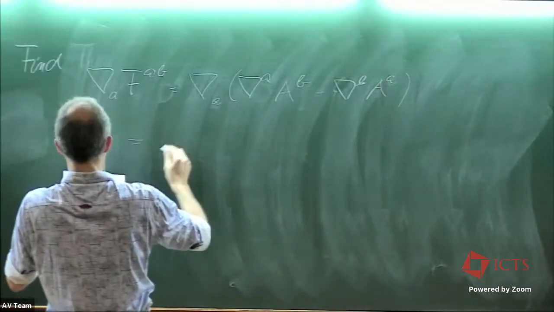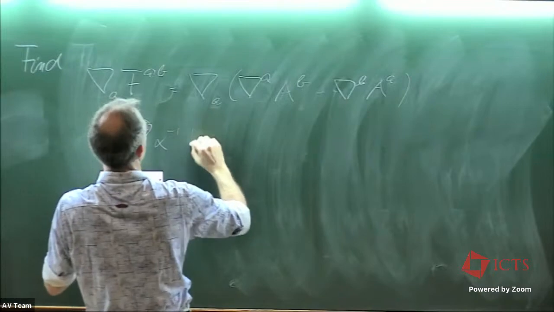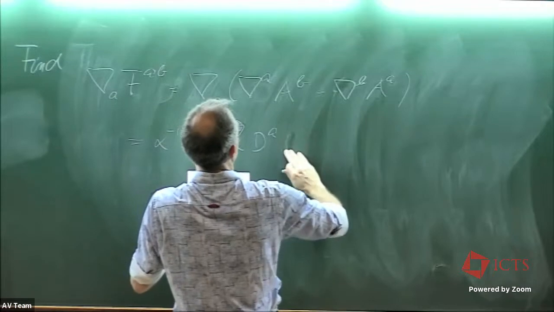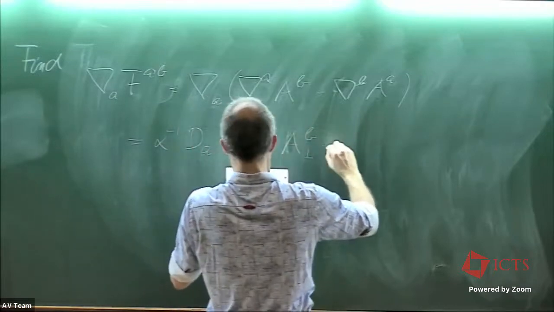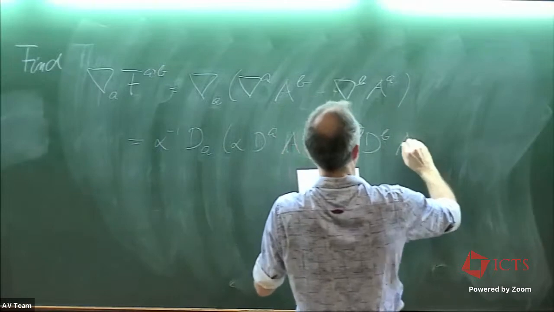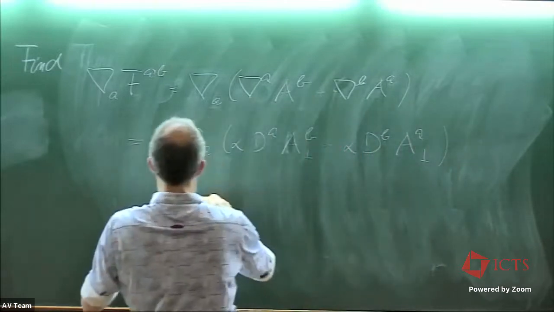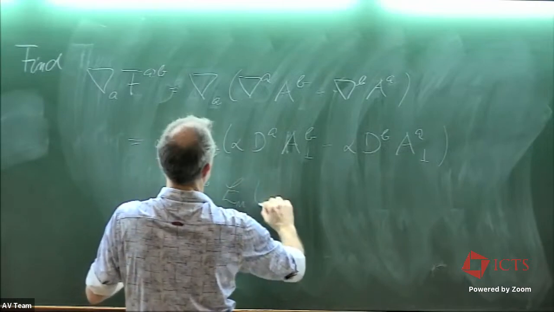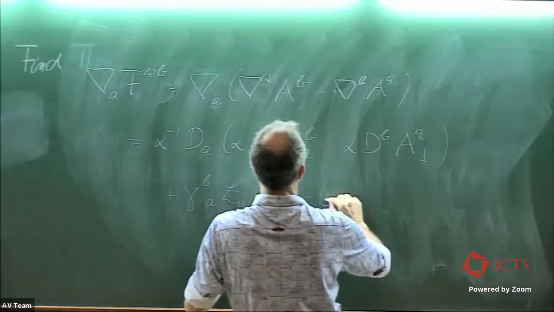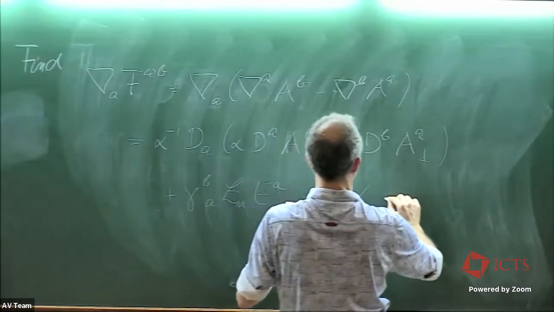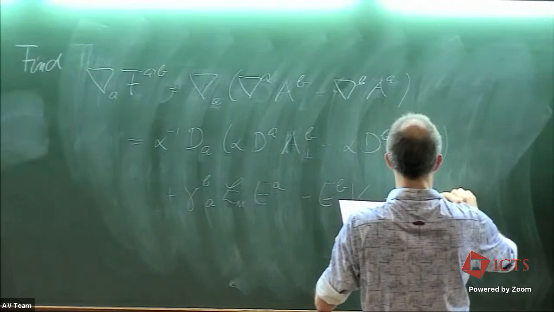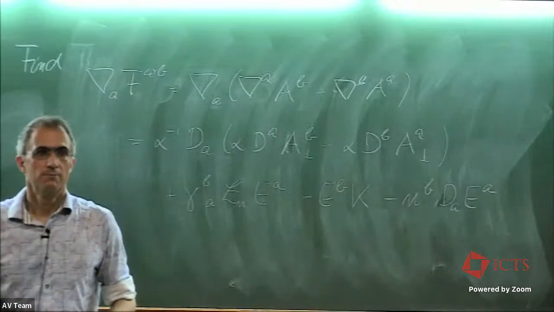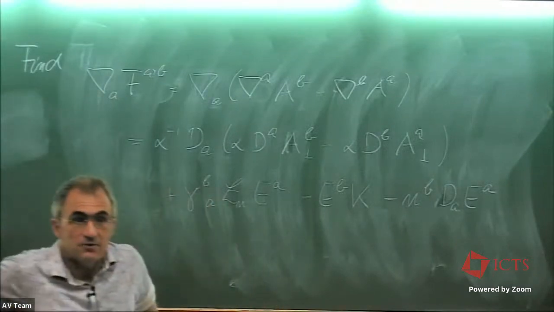What this ends up being is alpha to the minus 1, D_A alpha D_A A_B minus alpha D_B A_A perpendicular, okay, plus gamma_B^A, the Lie derivative along n of E_A, minus E_B times the trace of the extrinsic curvature, minus N_B D_A E_A. Okay, so basically I decided to skip the derivation of that for now.